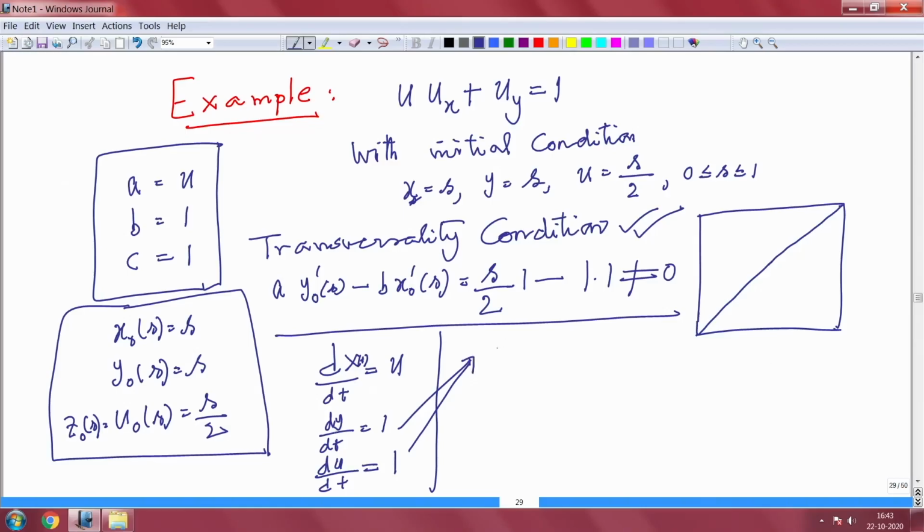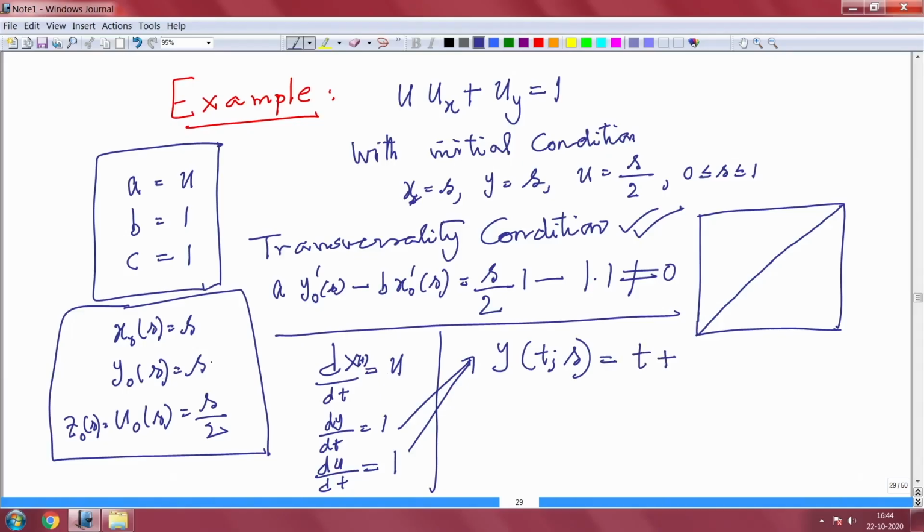If you solve it, your y(t,s) will become, it is 1, integrate. So, you get t. y(t,s) will become, if you integrate this one, it will become t plus a constant, but y at 0 is equal to y naught of s.